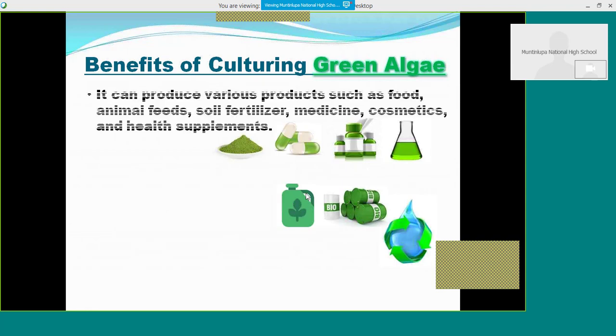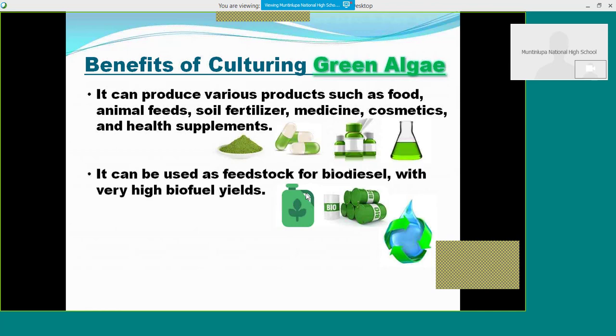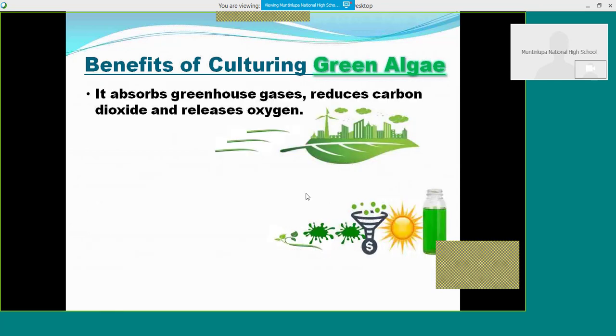Benefits of culturing green algae. It can produce food, animal feed, soil fertilizer, medicine, cosmetics, and health supplements. It can also be used as feedstock for biodiesel with very high biofuel yields. And it can be used to purify wastewaters. It absorbs greenhouse gases, reduces carbon dioxide, and releases oxygen.